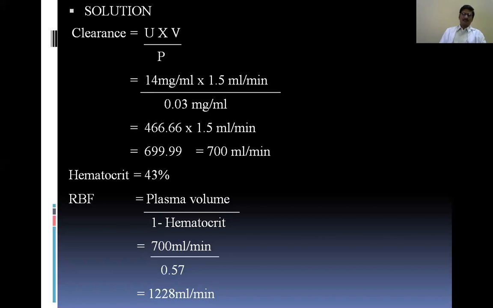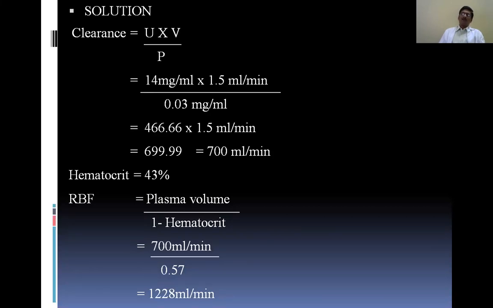Putting the values in, the clearance value, instead of giving GFR as in the case of inulin, since the indicator is diodrast, gives renal plasma flow, which comes to be 700 ml per minute. So 700 ml of plasma is flowing through the kidney per minute.